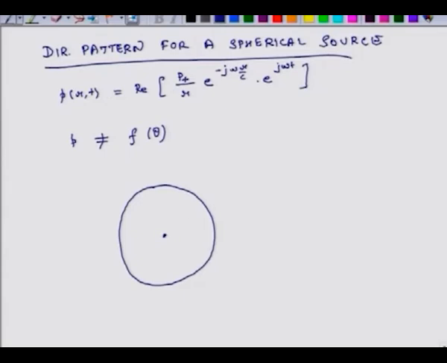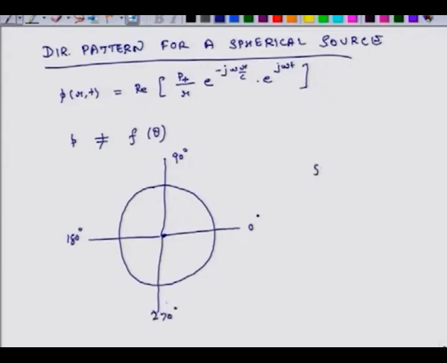So, let us say that the SPL. In this case this is my 0 degree, this is 90 degrees, 180 degrees, and that is 270 degrees.